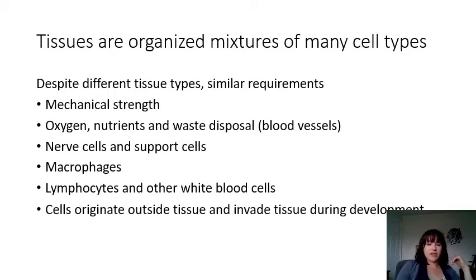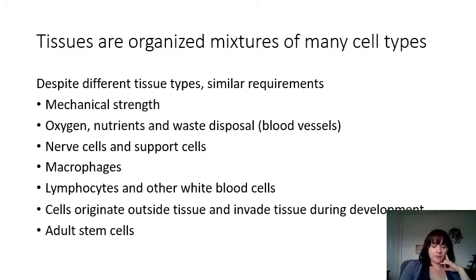Now, during development, I don't know if any of you are taking embryology with Dr. Myers, but we also have a lot of cell migration occurring, right? You have cells originating in one place and needing to go to another.